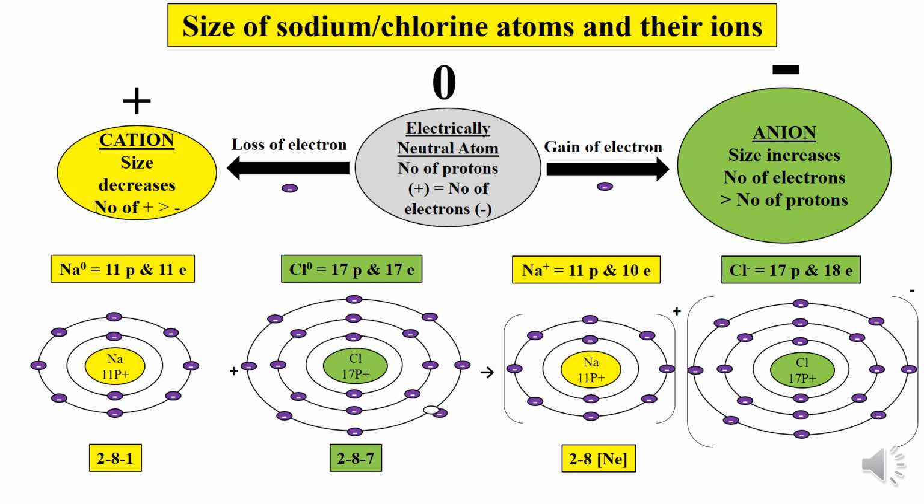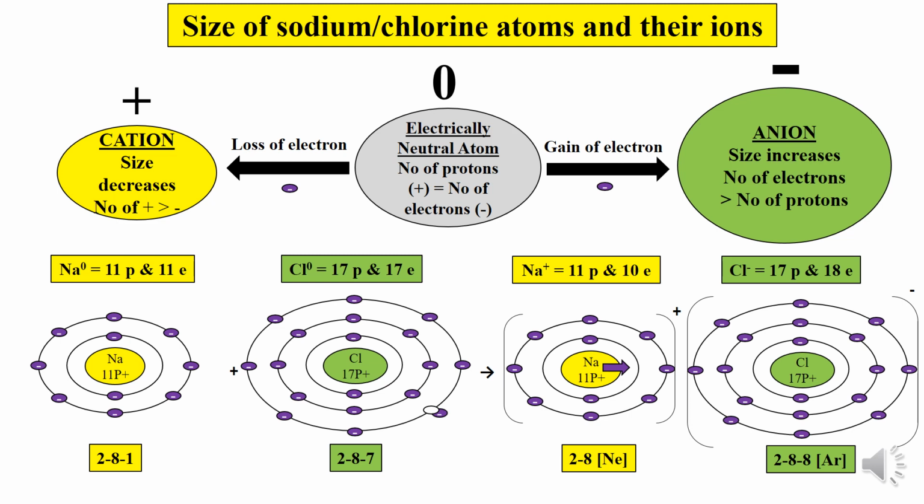It has gained an electron from the sodium atom in order to attain the stable electronic configuration of argon, that is 2,8,8. I explained in detail the driving force for the formation of the salt sodium chloride in my previous video, and I have given the link to that interesting video in the description. You can follow that.